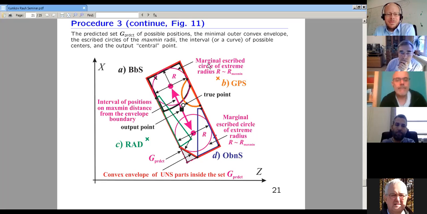Usually, if the onboard navigation system works without interruptions or strong disturbances, we can trust this predicted set G, because its size depends on the time of prediction. But the time of prediction is usually 1 to 5 seconds, and under this, the predicted set contains the true position.